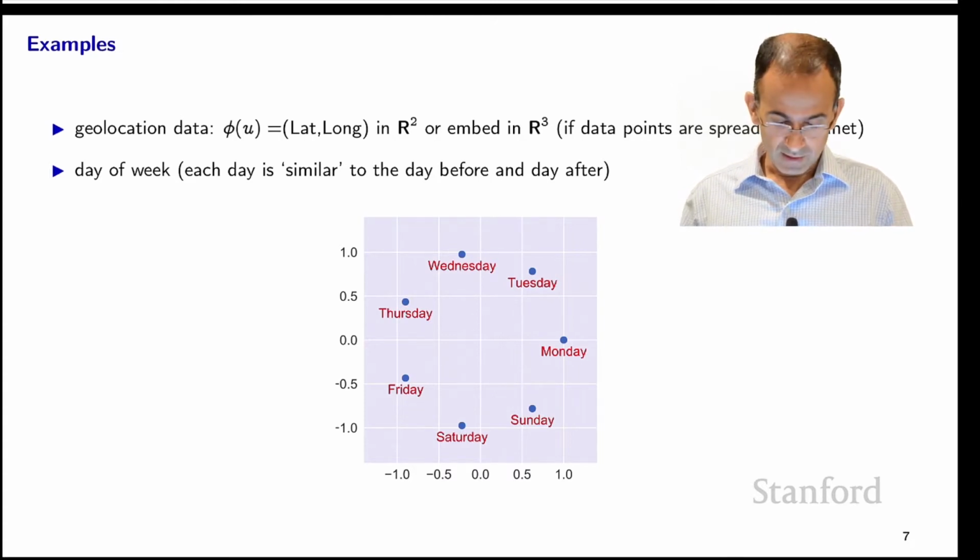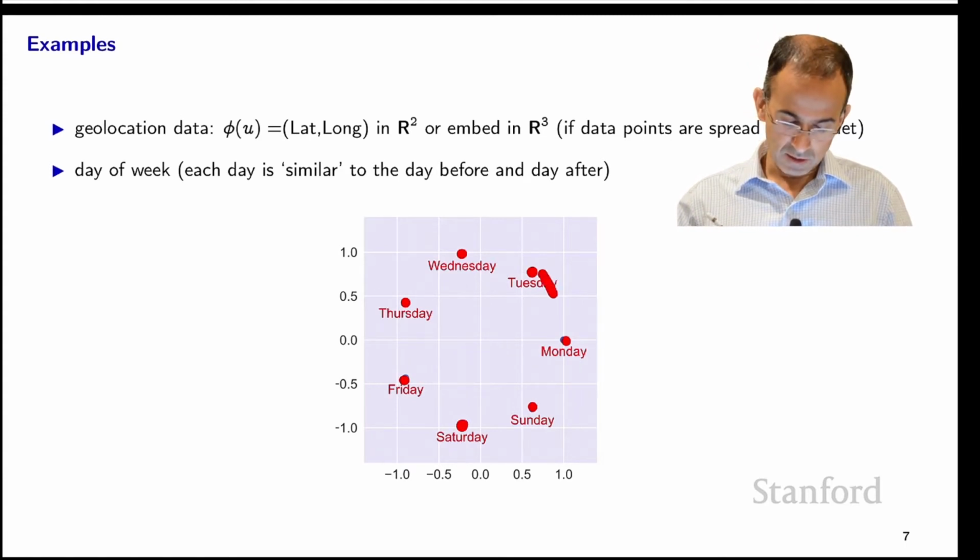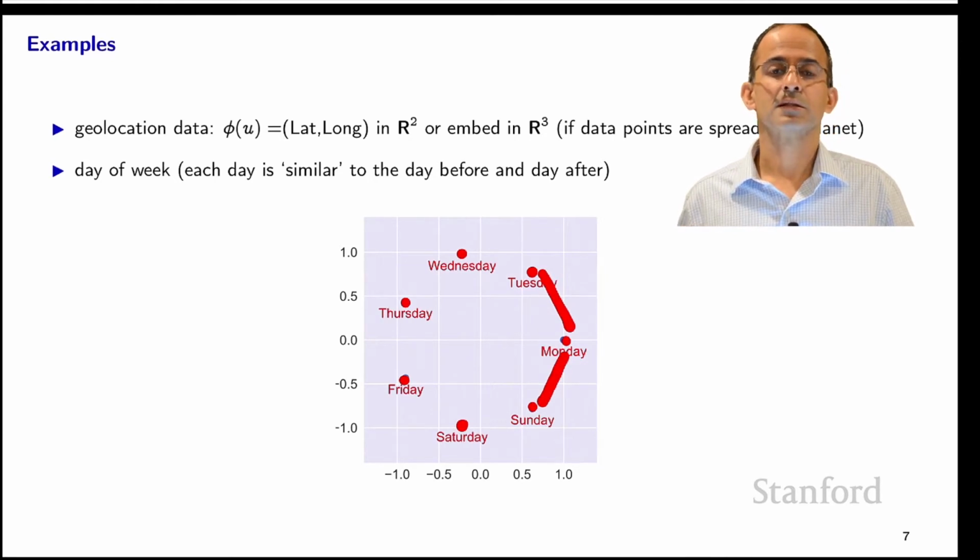If we embed them like this, as 7 points in R2, then we can see that the distance between Monday and Tuesday and the distance between Monday and Sunday are the same, and indeed the distance between any two consecutive days is the same. And so this is an embedding that more faithfully captures that idea.